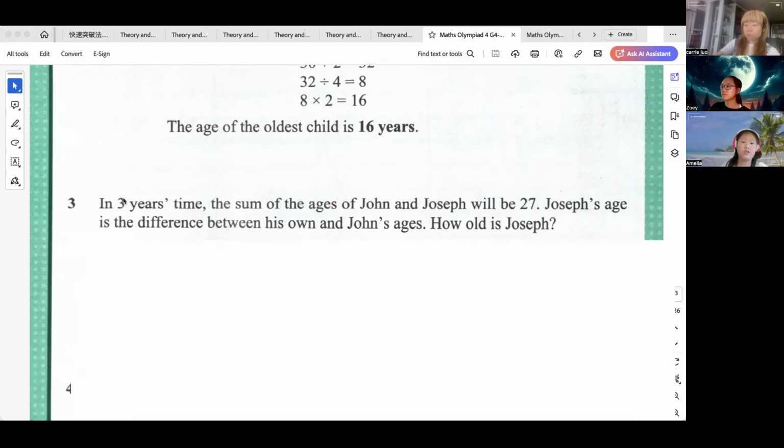Joseph's age is the difference between his own and John's ages. How old is Joseph? Okay, number 3.